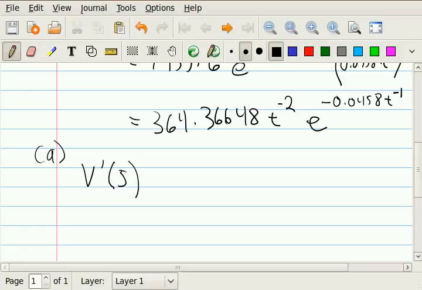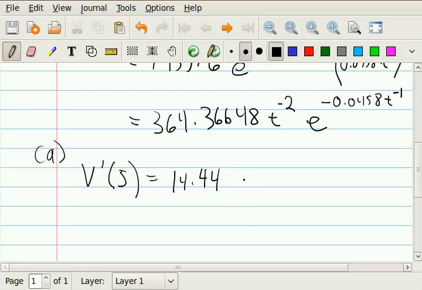So if we put 5 in for t, go to the calculator and type this in. It does take a minute. You have to be careful that you have the powers right, that this whole expression is a power base e. But at the very end, I get about 14.44.